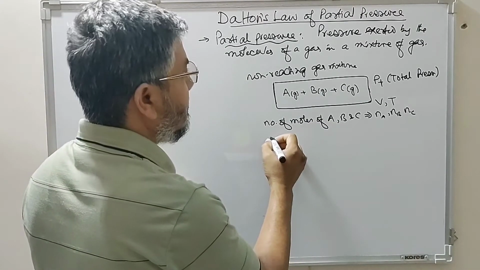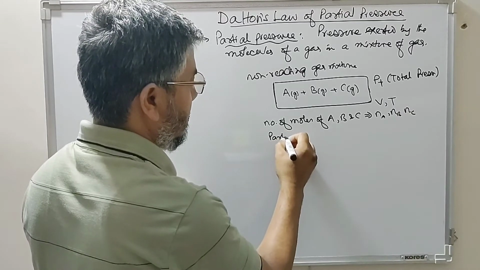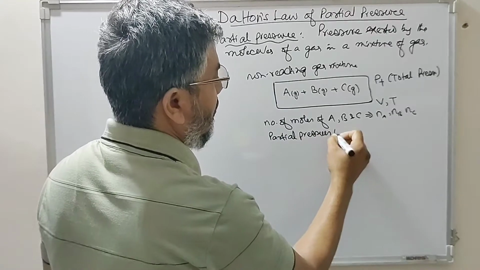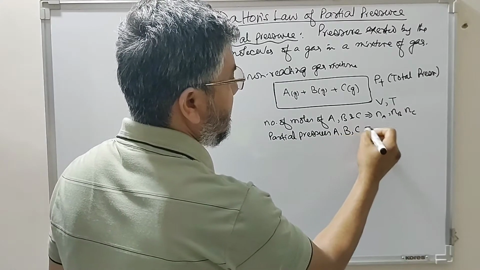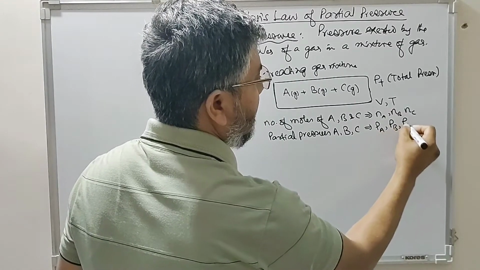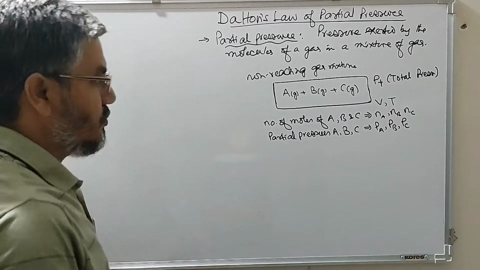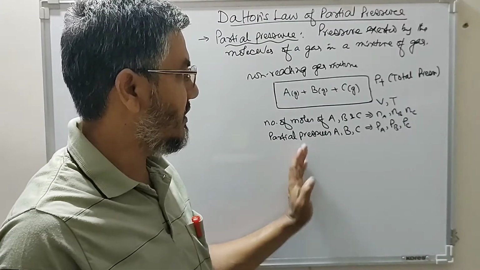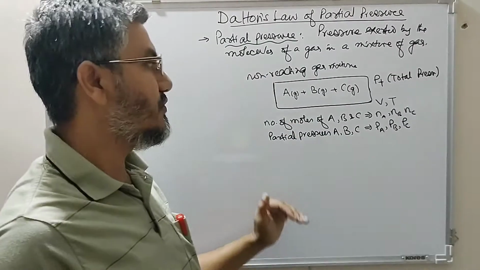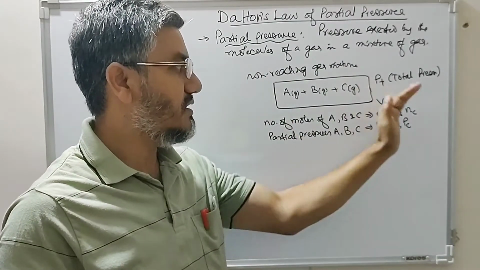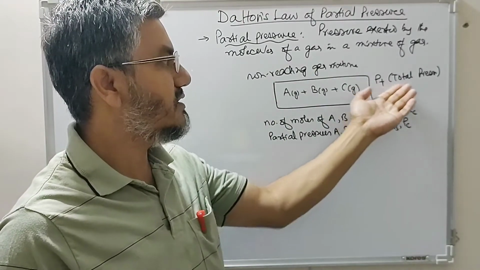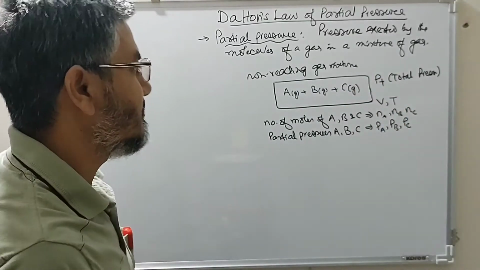And the partial pressures of A, B and C are PA, PB and PC. So we have a non-reacting gaseous mixture present in this container, which is maintained at temperature T and volume V. The total pressure of the gaseous mixture is PT.